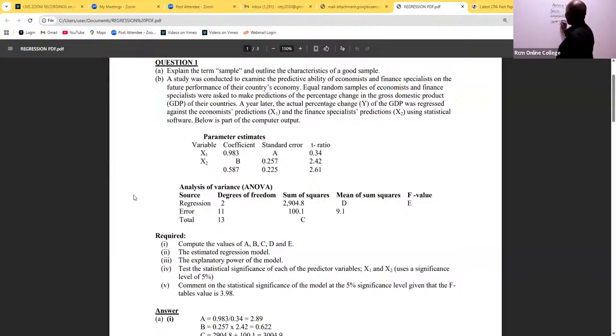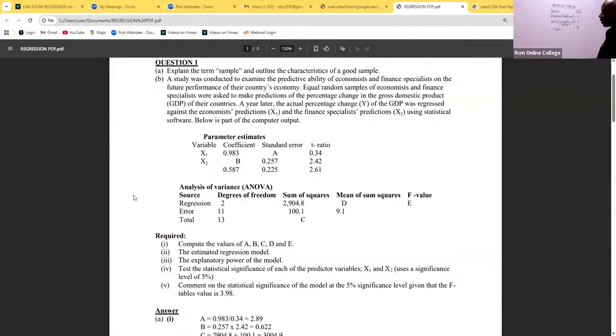This error is what we also call unexplained variance. And then we have our totals here. And then we have what we are calling degrees of freedom. The explained degrees of freedom there are 2, 11, adding to 13.